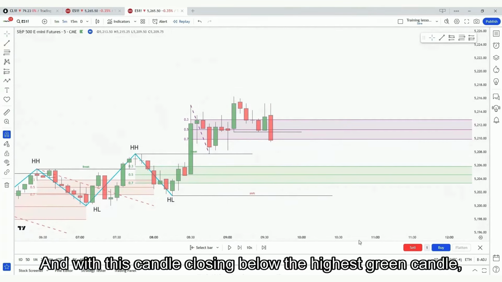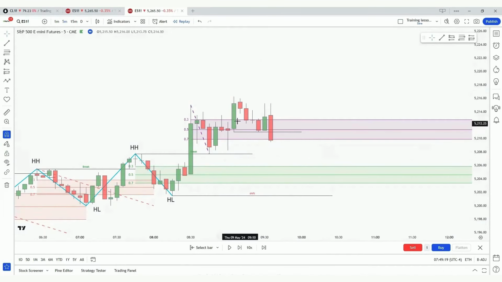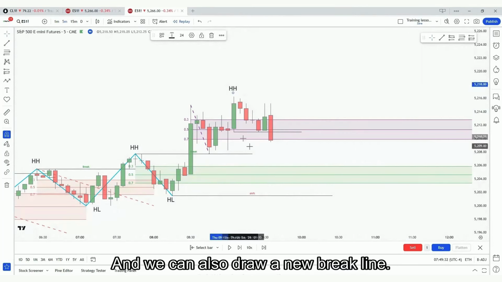And with this candle closing below the highest green candle, we just created a new higher high. That's this one, the highest point. And we can also draw a new break line.